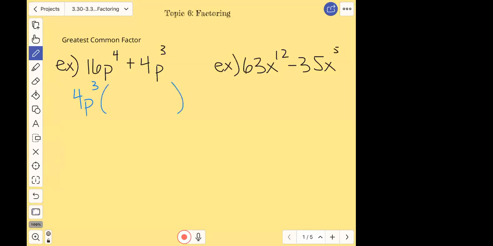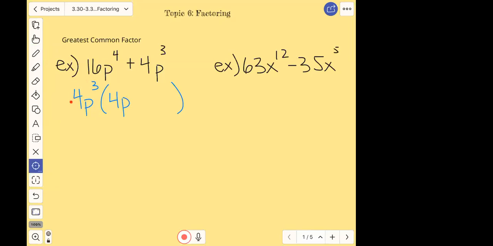And then essentially factoring is just reverse multiplication. So we want to see what we distributed 4p cubed to in order to get back to both this term and this term. So 4p cubed times what will give us 16p to the 4th? 4 times 4 gives us 16, and p cubed times just p, or p to the 1st, gets us back to p to the 4th.